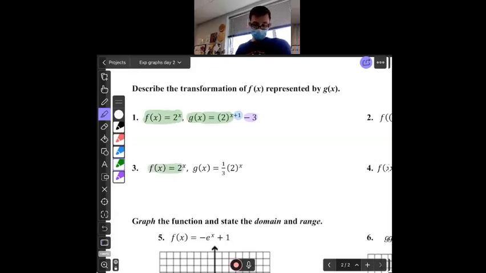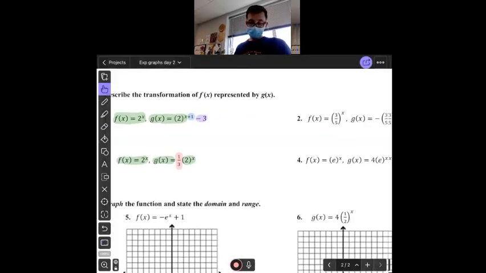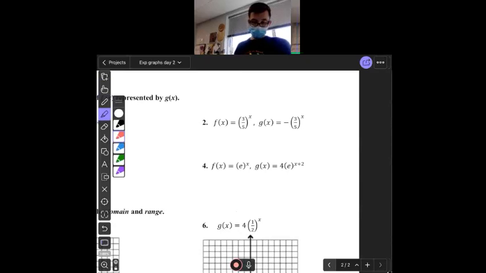And look at the number 3 down there. f of x equals 2 to the x. g of x equals, there's my 2 to the x. All right, what's different? Ooh, I've got this 1/3 here. I need to make sure I talk about that. Here's f of x equals 3/5 to the x. g of x, 3/5 to the x. Okay, what's different? Ooh, I've got this negative.